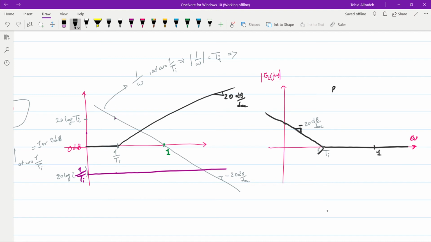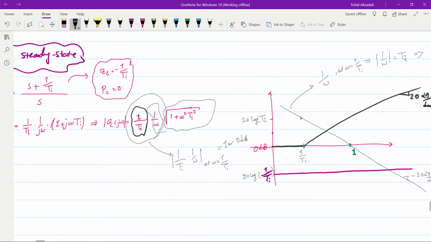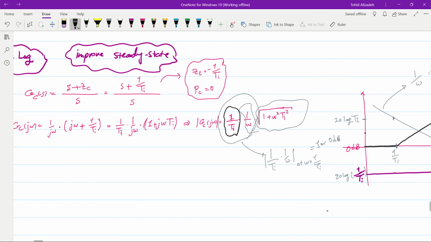plot for the PI controller, where we have Gc of j omega, or s, being equal to (j omega plus 1 over Ti) over j omega. That's the transfer function that we have used, and you can see it again over here.